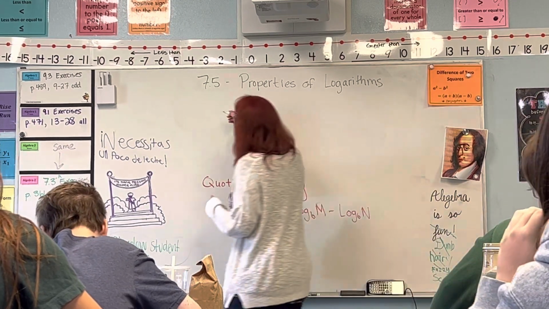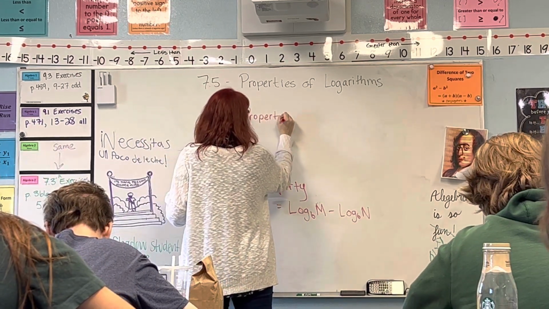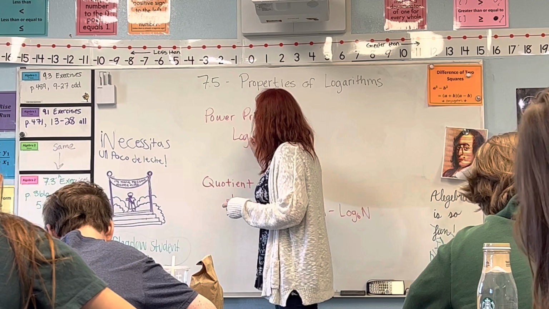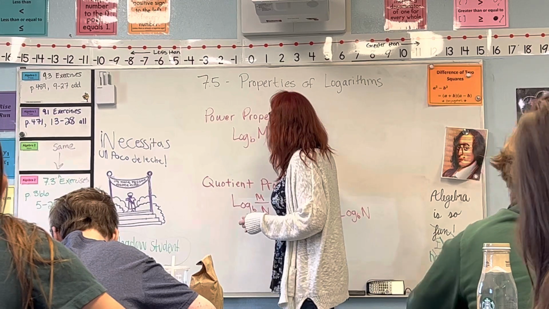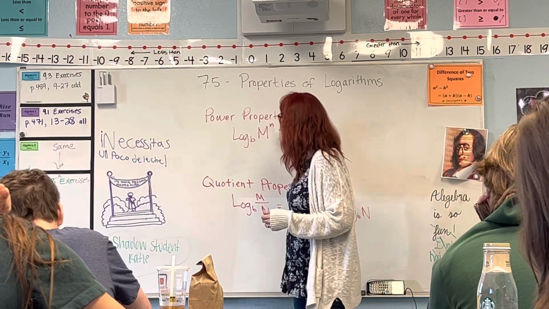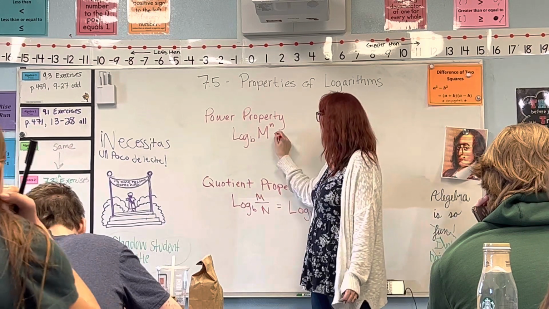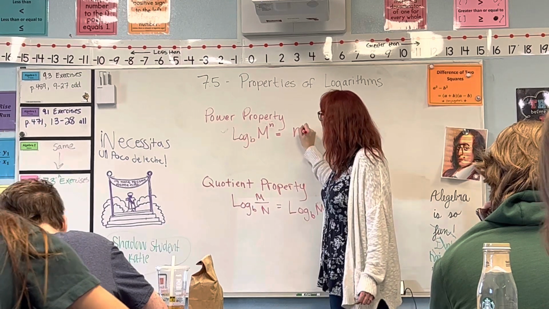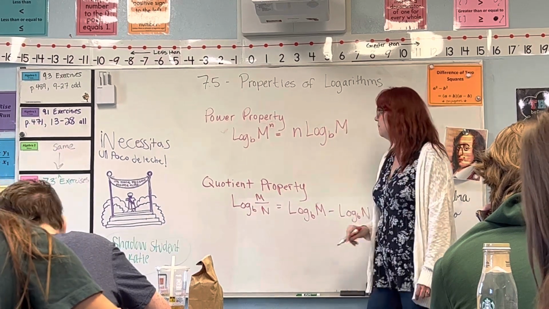The power property says that the log base b of m raised to the n power, if you have some number raised to the n power, it's the same thing as taking this little n and putting it out front. So n times log base b of m.